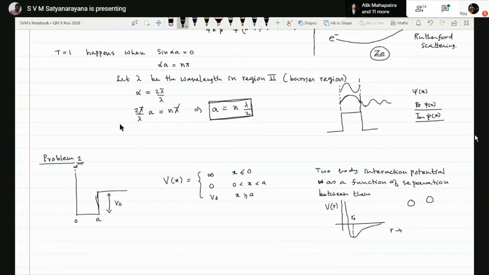So let's look at bound states. For the particle to be bound between 0 and A, E less than V naught is necessary.